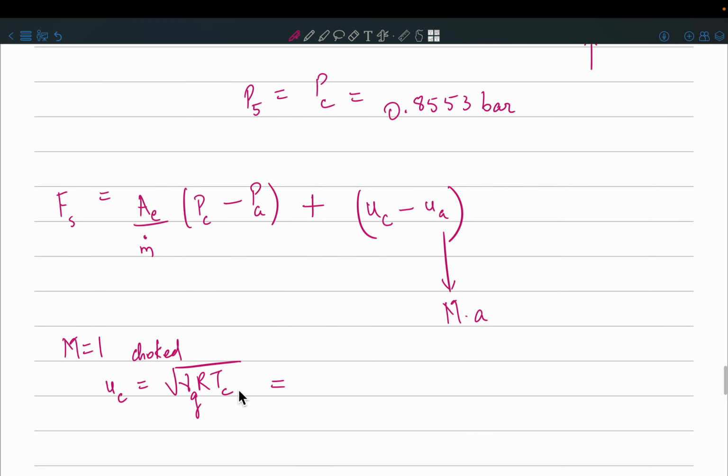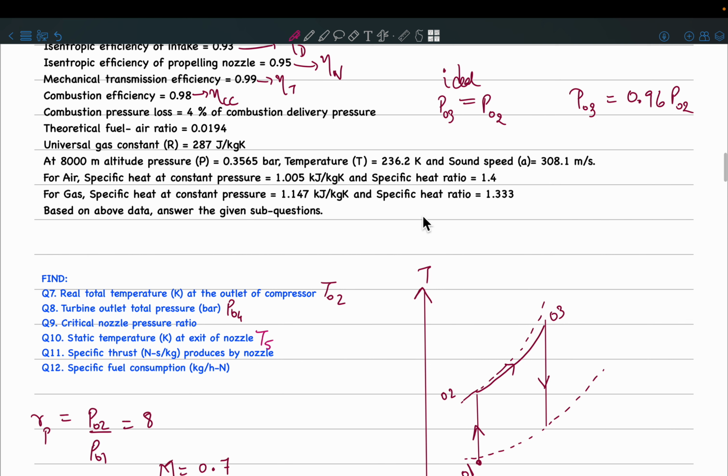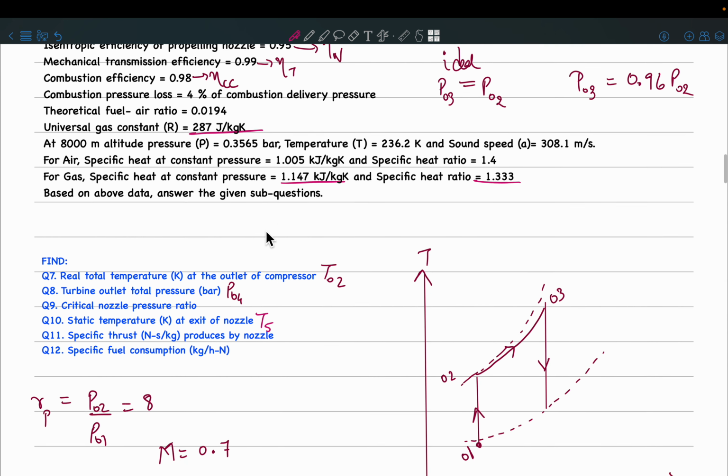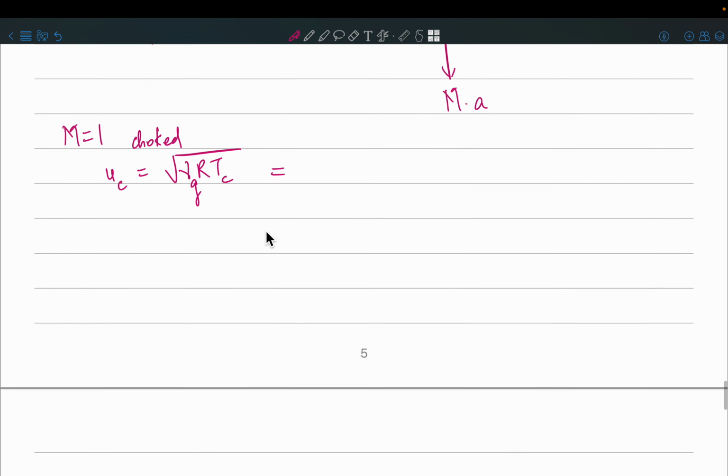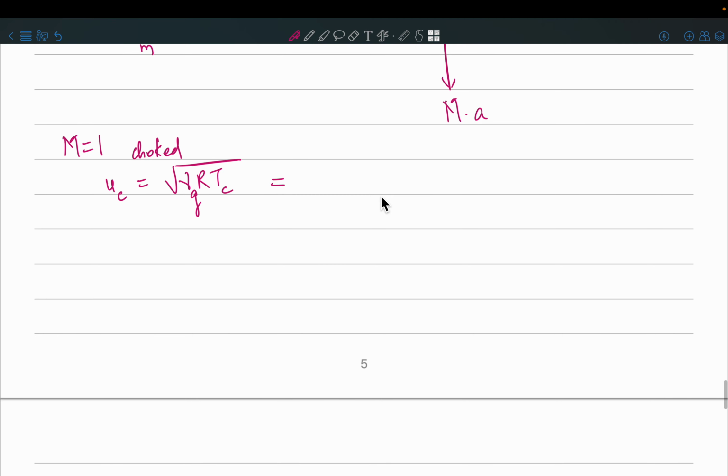So if you go back to the question, the specific heat at constant pressure Cp is given, the specific heat ratio is given, and R is also given, 287 joule per kg Kelvin. Okay. So if you just put all these values in, what do you get as UC?